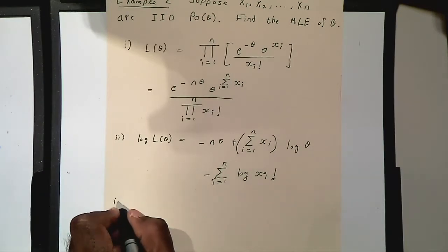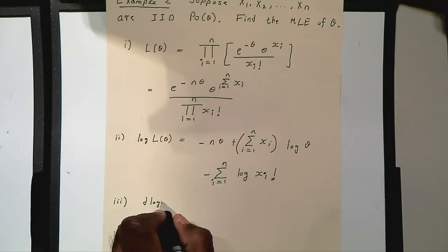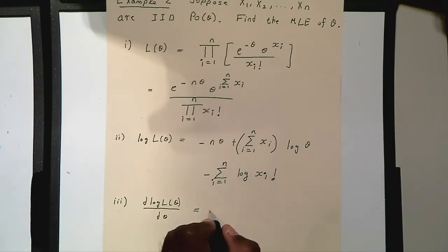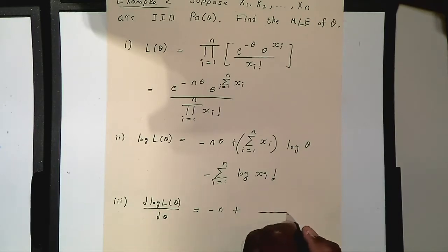Step 3 is to take the derivative with respect to theta. So it becomes minus n. Derivative of log of theta is, I'm sure all of you know, okay?